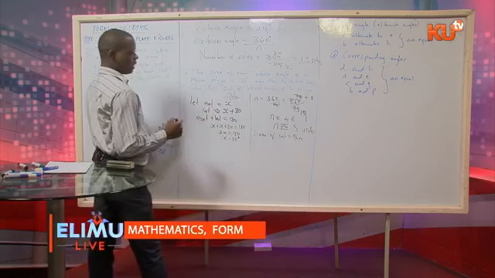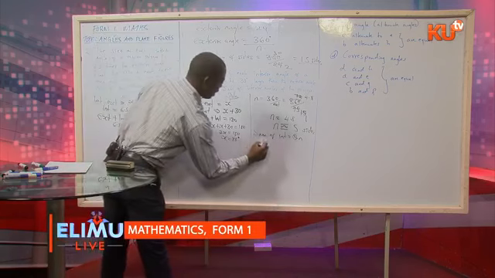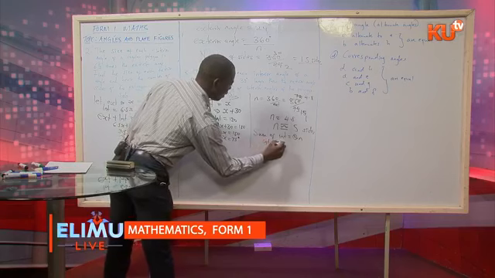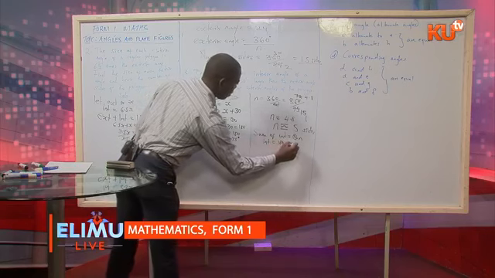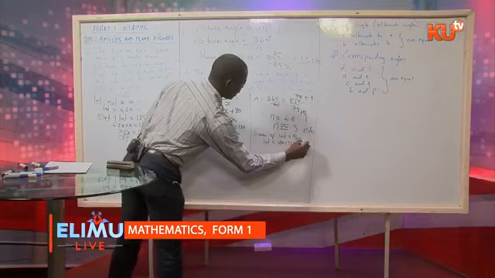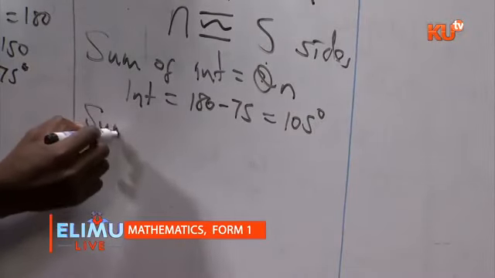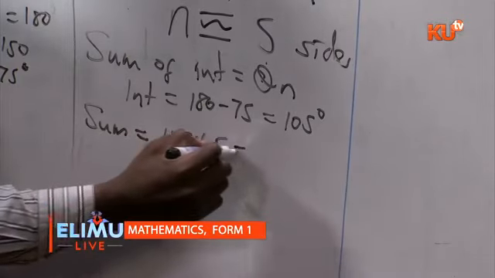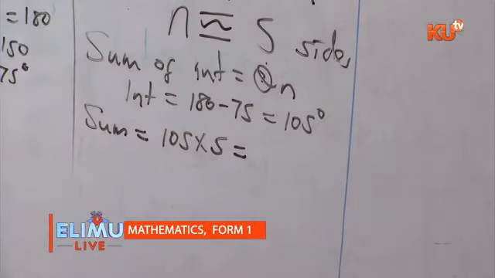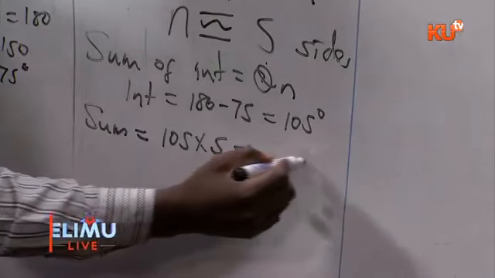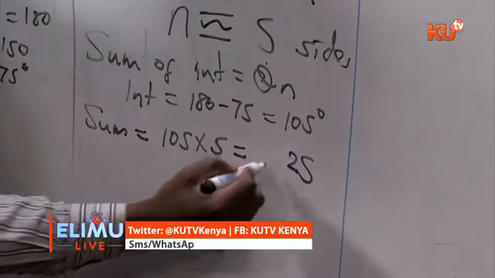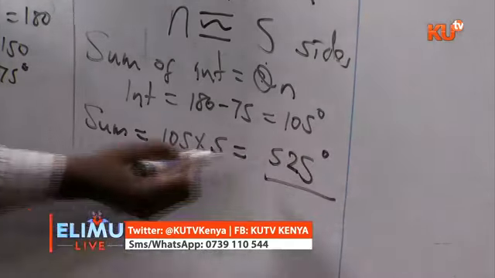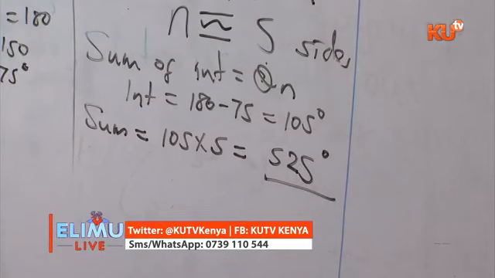Our theta should be the interior angle. So our interior angle is simply 180 minus 75, and that should give us 105 degrees. Therefore, the sum will be 105 times 5, which gives us 525 degrees as the sum of interior angles.